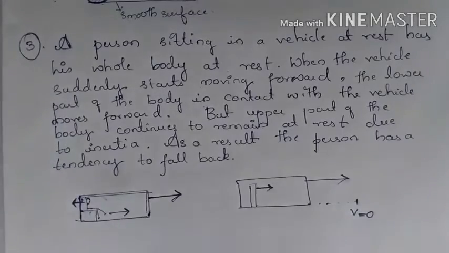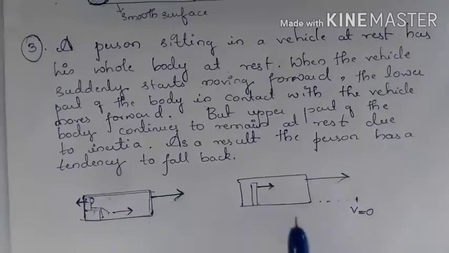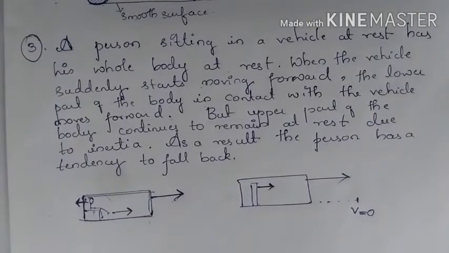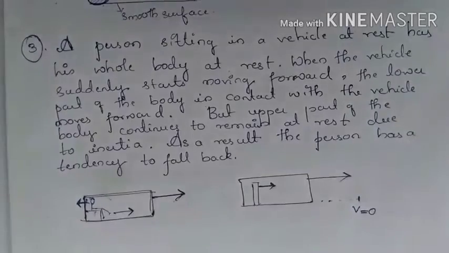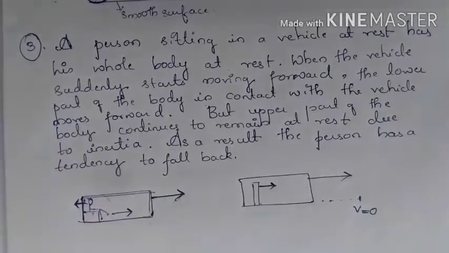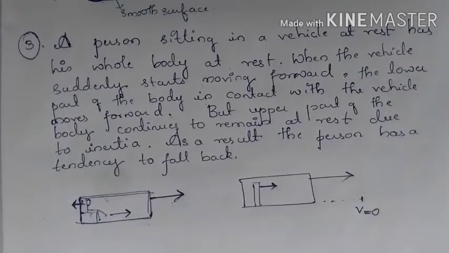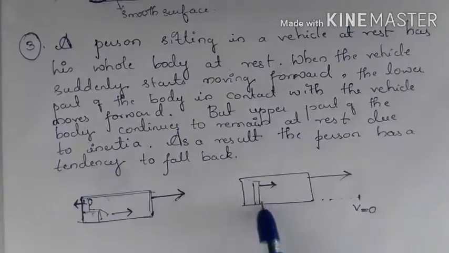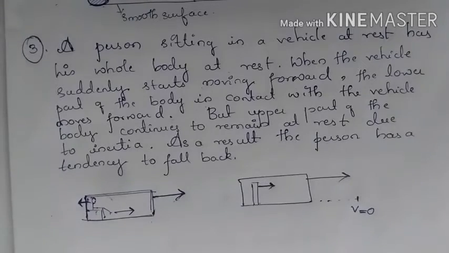But what will happen to this person? The lower part of the body comes to rest, but the upper part of the body continues to move in the forward direction due to inertia. As a result, the person moves forward.